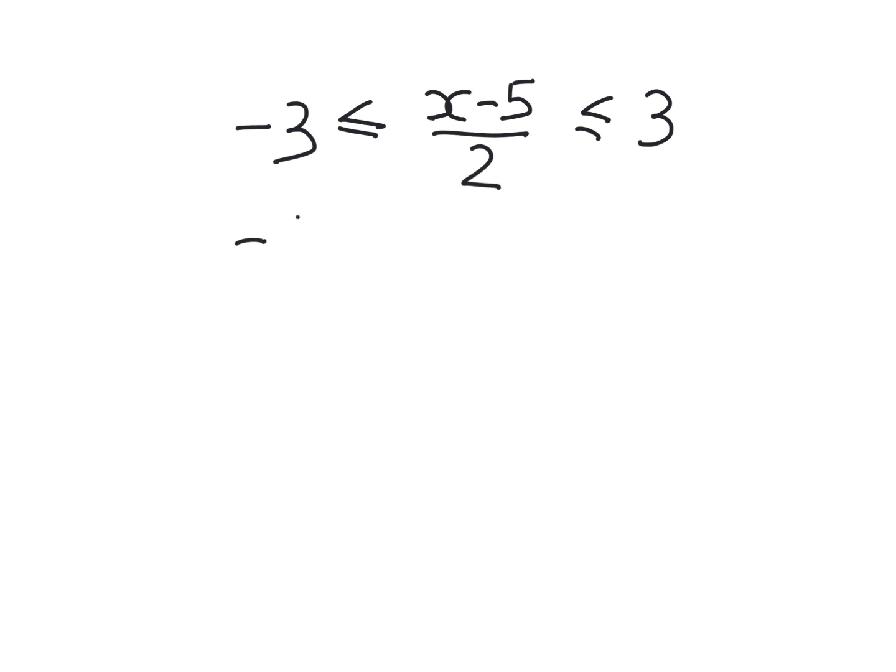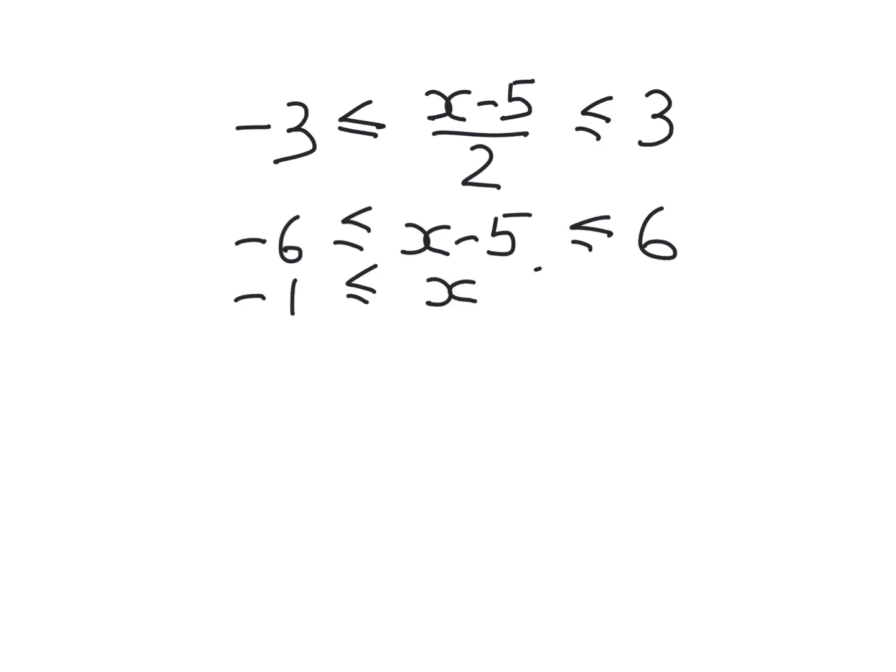So I get -6 is less than or equal to, so multiplying the fraction by 2, denominator goes away, less than or equal to 6, and then I can just add 5 to both sides. So -1 is less than or equal to x, which is less than or equal to, so adding 5 to both sides, 11. This tells me x is between and including -1 and 11.